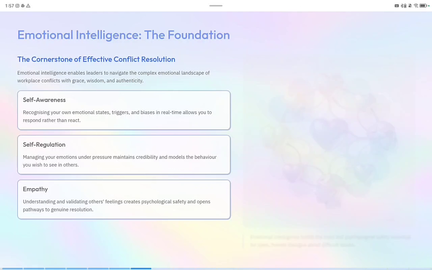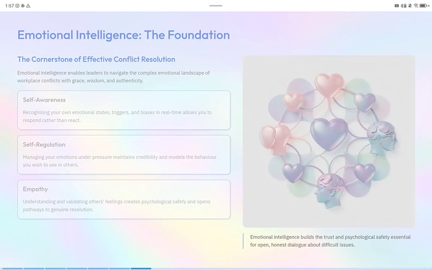To understand is empathy. Empathy without understanding, and just knowing somebody else's scenario, could be a misinterpretation of the word. So empathize truly, genuinely. Emotional intelligence builds trust and psychological safety that is essential for an open, honest dialogue about difficult issues. With me so far?